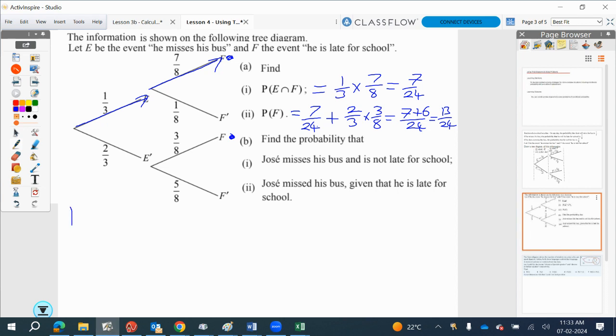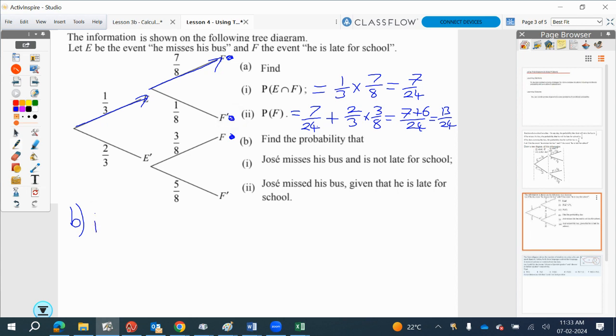Okay, let's try B. Find the probability that Jose misses the bus and is not late for work. So he misses the bus, but he's not late. So he misses the bus. He is not late. So we want this one.